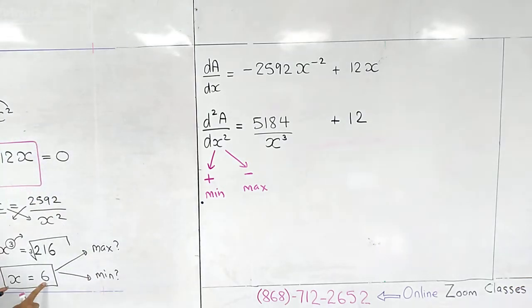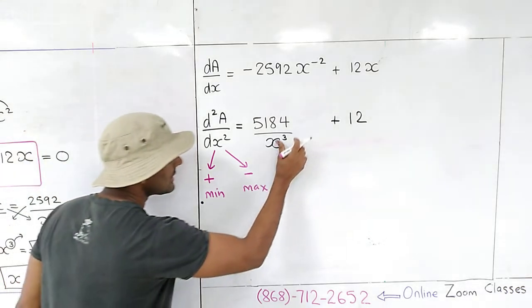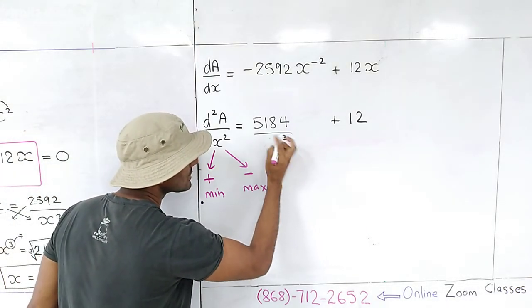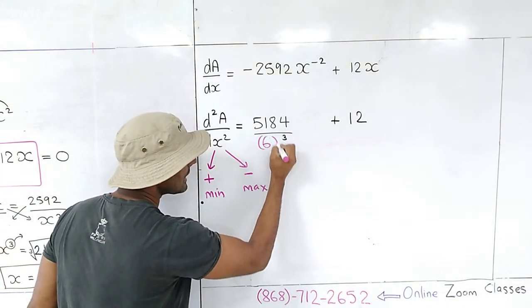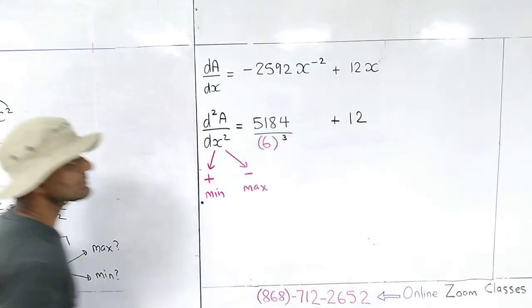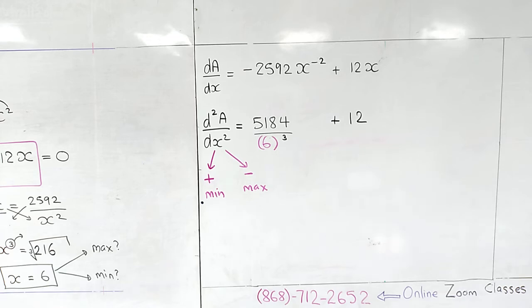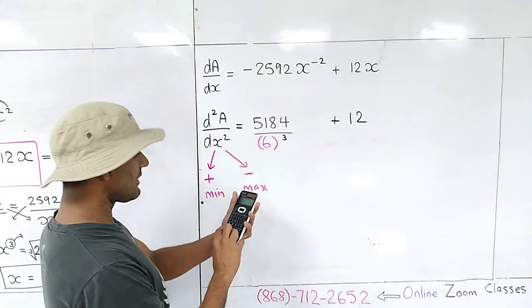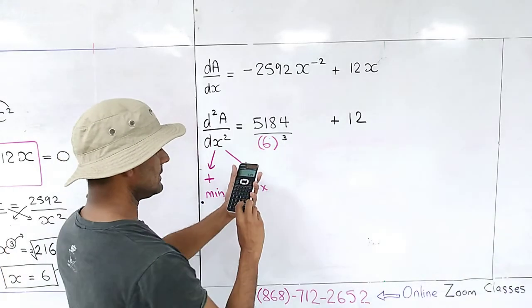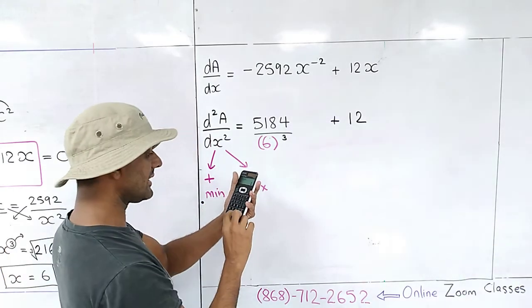So I'm going to throw 6 inside here. We're going to pretend x is 6. Erase the x with 6. And let's work this whole thing out. I just want to know if it's a positive number or a minus number. That's all I'm interested in. So 5184 divided by 6 to the power 3.